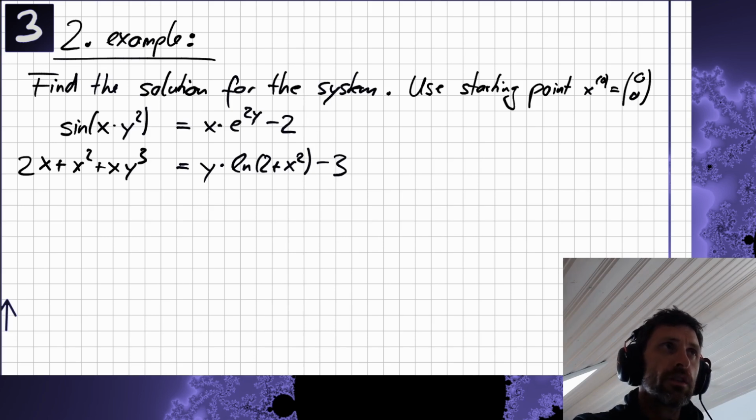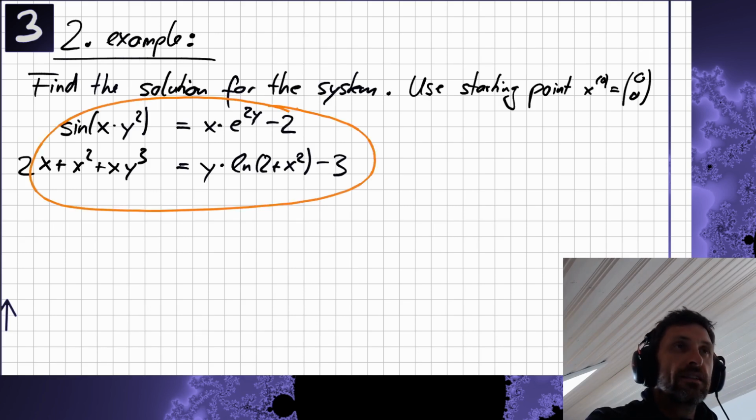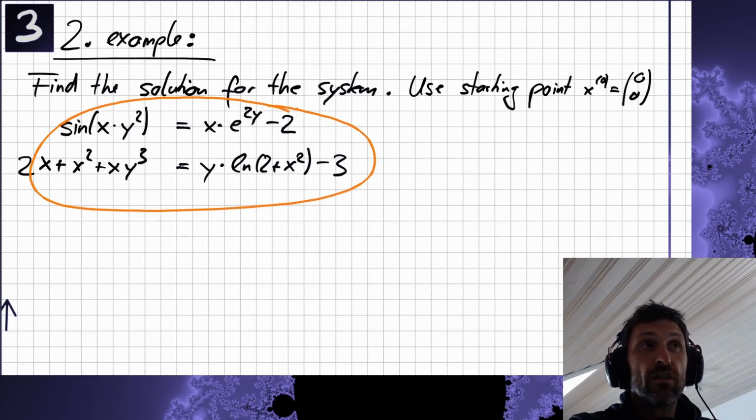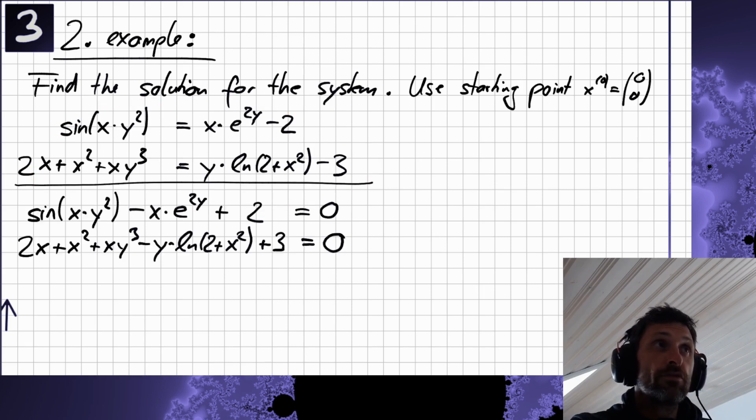Please think about it. Okay, the first step is we need to reformulate, because we can only search roots. So we have to reformulate and bring the right hand side to the left by a minus or by a plus.